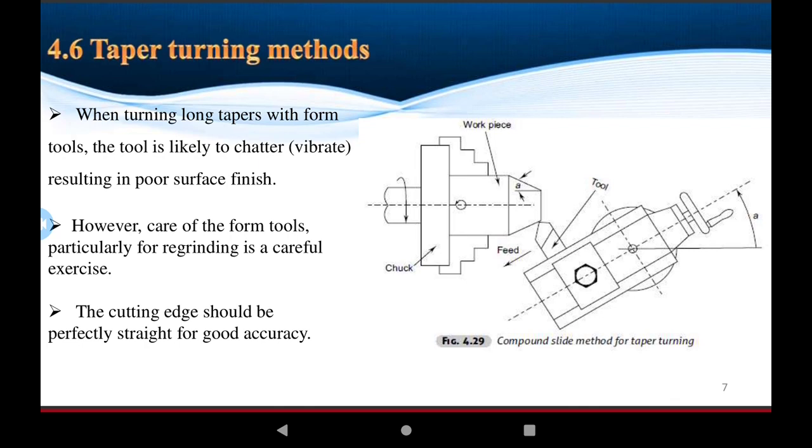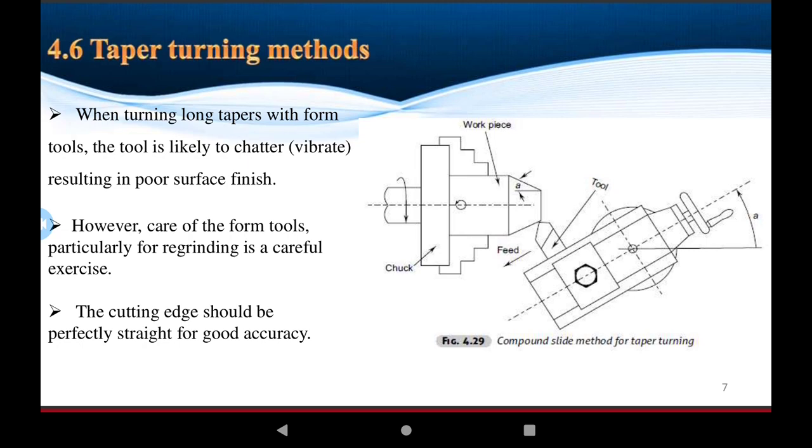The workpiece vibrates during the working duration, and a rough surface is achieved. So before starting the operation, plan and make sure the holding of the job is properly selected.